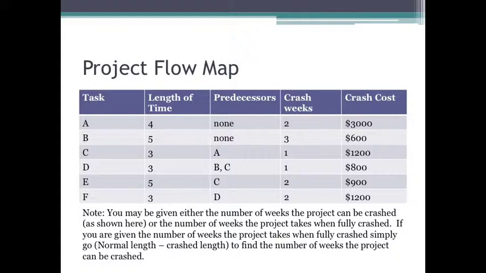If you are given the number of weeks the task takes when fully crashed, you simply take the normal length minus the crashed length to find the number of weeks that the task can be crashed. You see, it's those crash weeks and the crash cost, the amount of money it takes to fully crash the task. It's these two pieces of information, along with a few other things, that we're going to use to figure out which task should be crashed first.